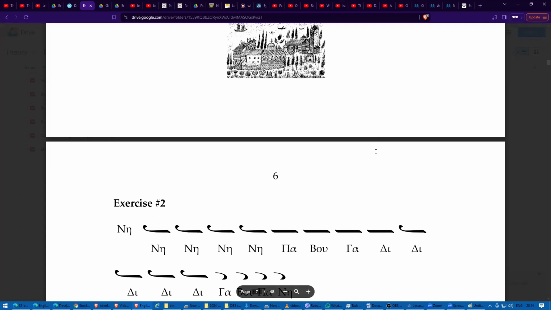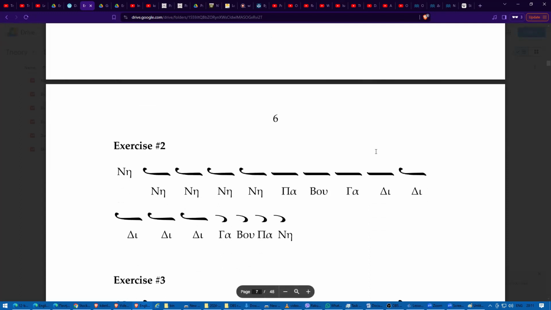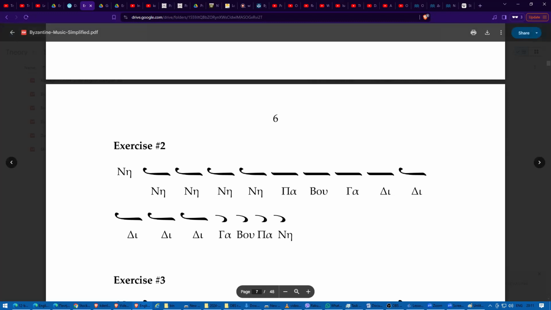I don't know if it's possible if we can all join in and, for example, do exercise 2. It's also a bit of an experiment. So let me see.